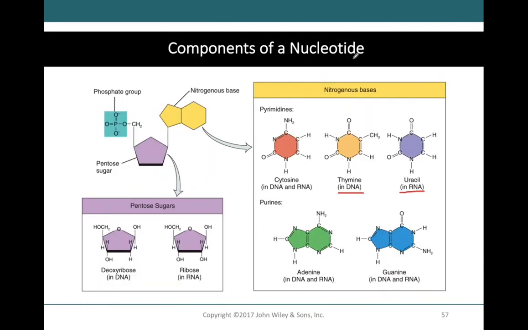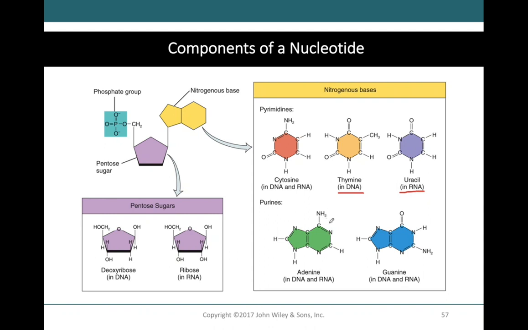So again, when we look at the components of our nucleotides, that's going to tell us all we need to know about our DNA. We'll always have a phosphate group and some type of pentose sugar. If we're in RNA, we're going to have ribose, and if we're in DNA, we're going to have deoxyribose. And the nitrogenous base is going to determine the different code that's going to allow us to form different proteins and so forth.